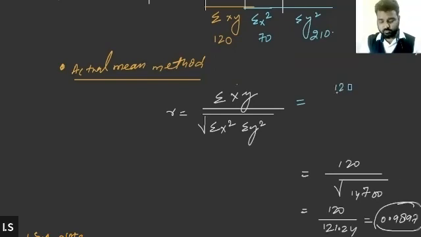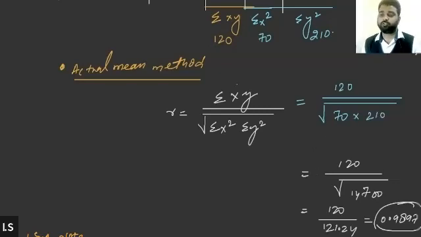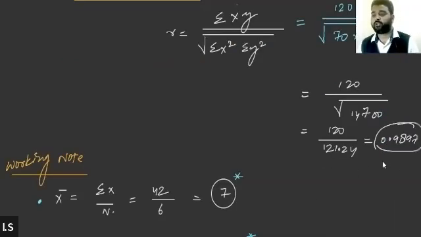And then in the denominator, we will have under root sigma x square, that means 70, the summation of x square is 70, and the summation of y square is 210. After solving this, you will get 0.9897.